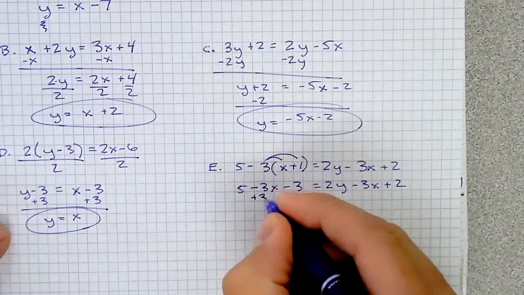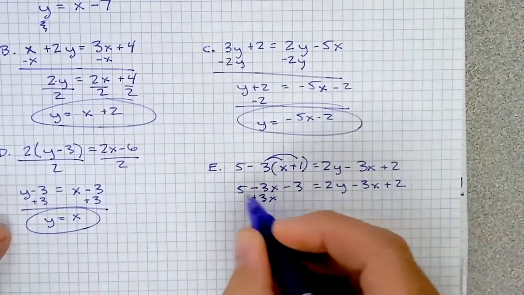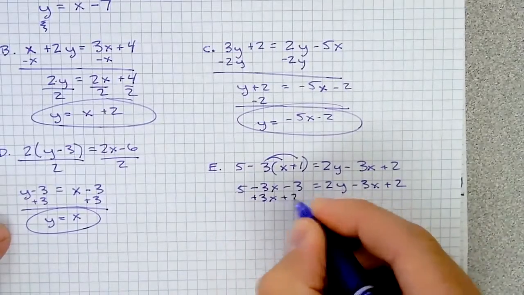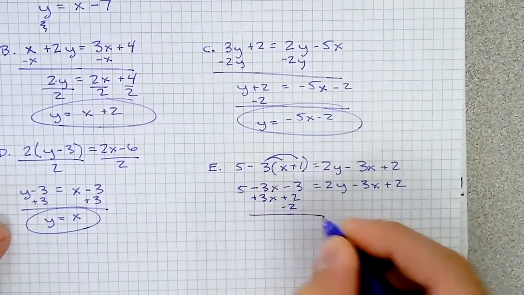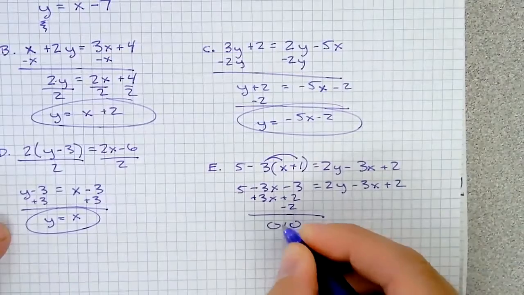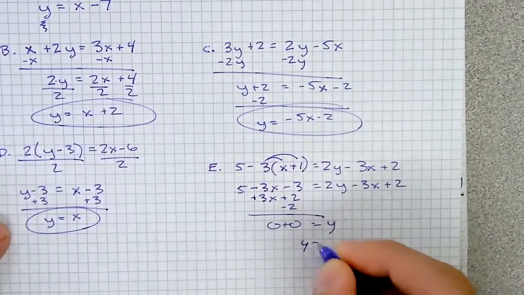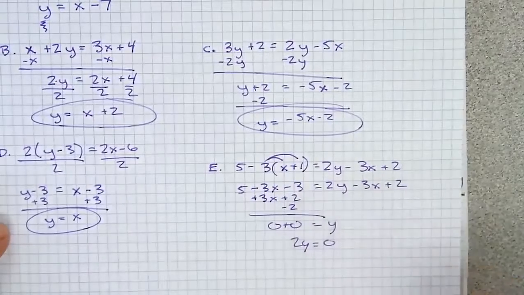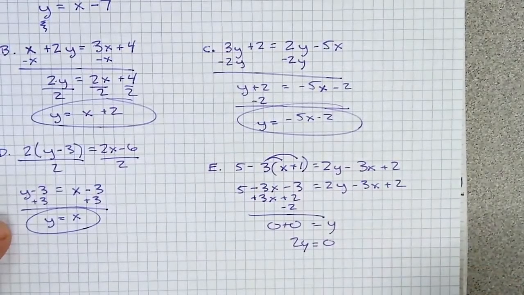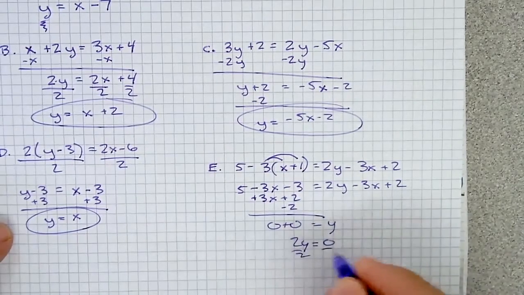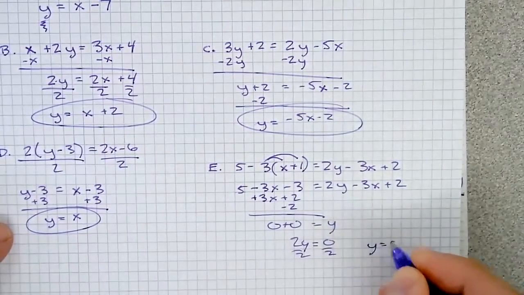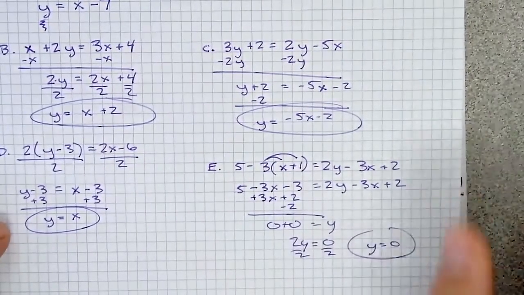I'm going to add the 3x over. 5 minus 3, leave that as positive 2, and then I subtract the 2 over. So I really get 0 equals 2y. So I get 2y equals 0. Divide by 2, I'm still left with y equals 0.